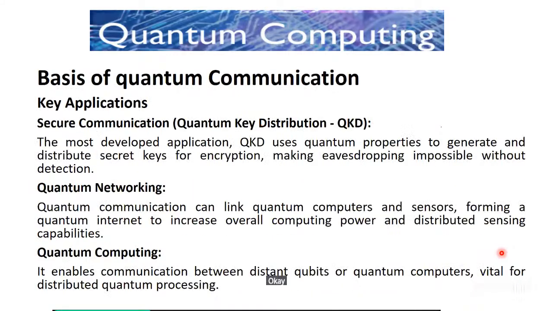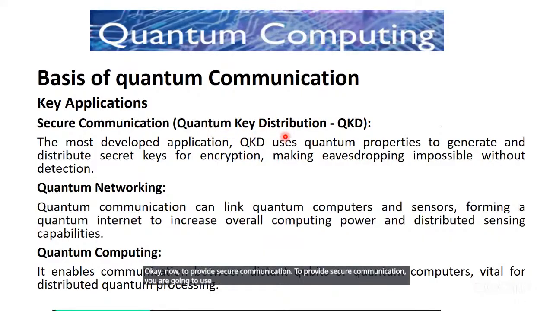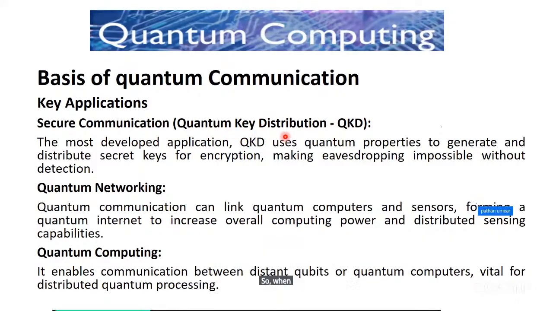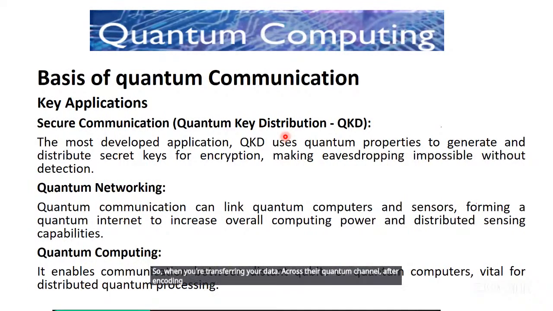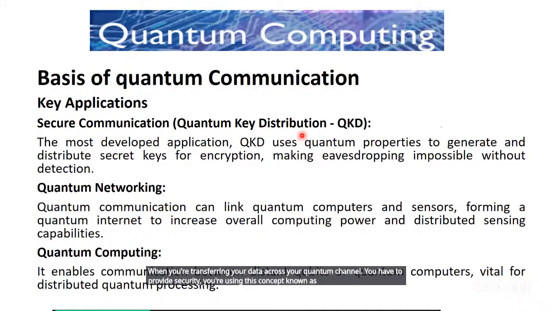Now, to provide secure communication, you are going to use quantum key distribution. When you are transferring your data across your quantum channel, after encoding your information, you have to provide security. You're using this concept known as quantum key distribution. This quantum key distribution uses quantum properties to generate distributed secret keys for encryption.